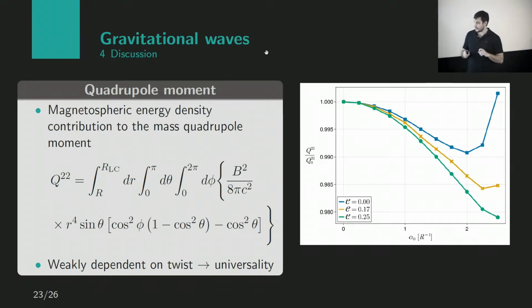So if this could be observed, this is another way to calculate the surface field and compare it with what is calculated from timing properties.